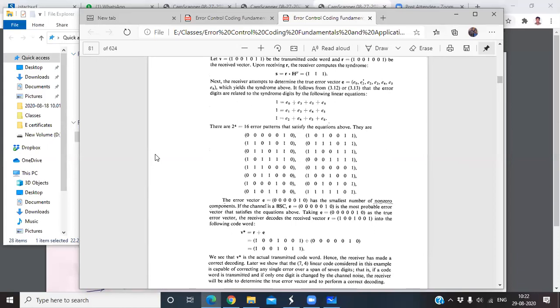See, these examples are available in the standard textbook. Do you want this PDF? I will send it, no problem. Try to complete each and every example available in the standard textbook.